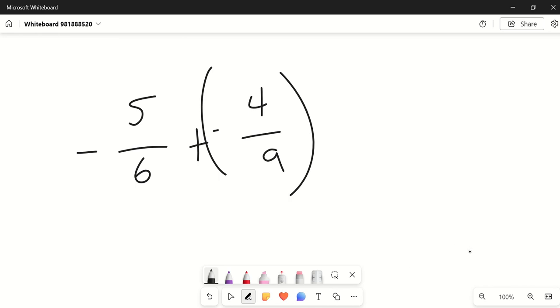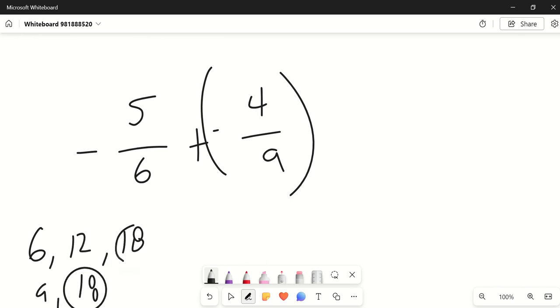Actually, no, not prime factorization, because we're trying to find the least common multiple. So ignore what I'm saying. To find the least common multiple of 6 and 9, we're going to count 6, 12, 18, and I know 9 will be 9, 18. So 18 is the number we are going to convert up to.